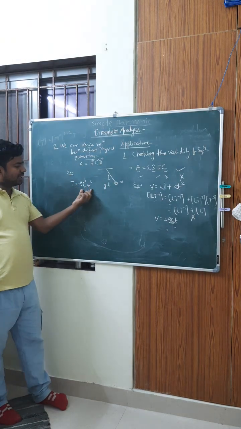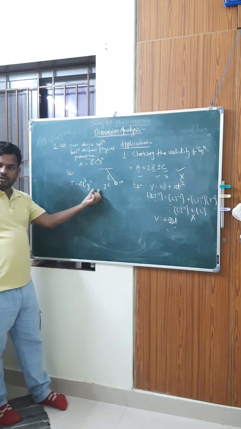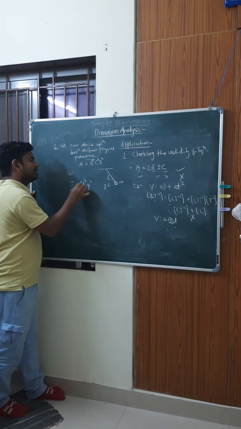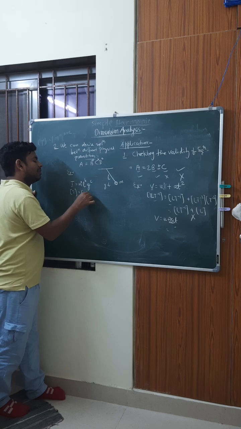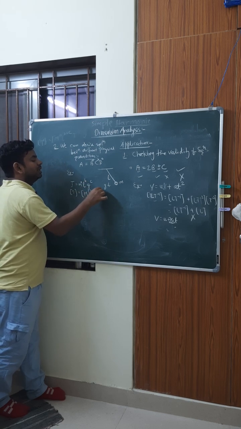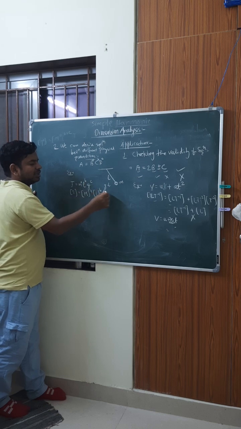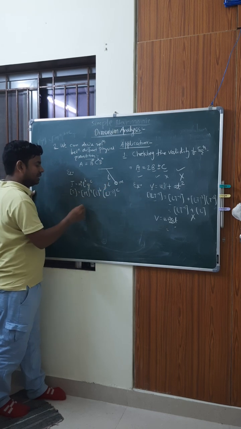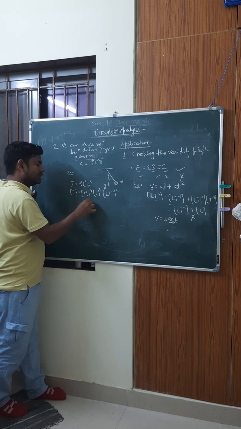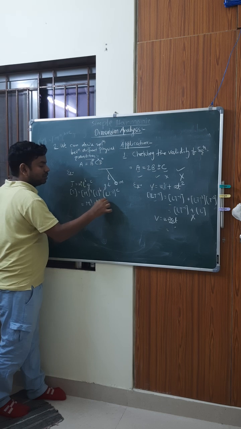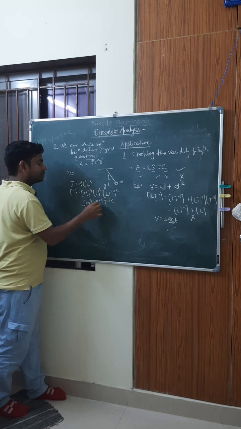Since we are equating, the dimension of both sides must be equal. This is the time period, so its dimension will be T. This is mass, so its dimension will be M to the power a. This is length, so it will be L to the power b. And this is acceleration, so it will be LT minus 2 to the power c. If we equate this, it is M to the power a, L to the power b plus c, and T to the power minus 2c.